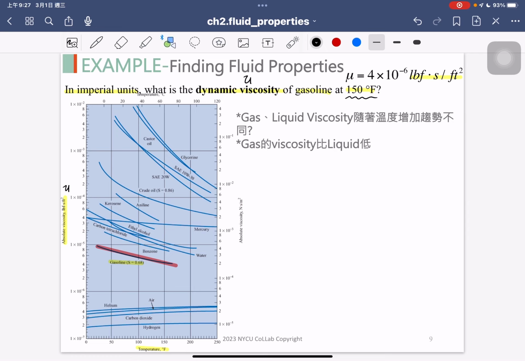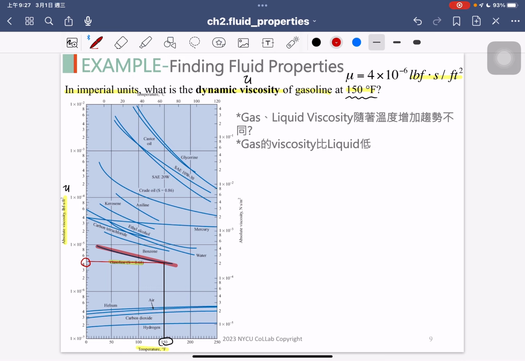So you can find out the number in here, and I can draw the line for the 150 degree here, and I know that how the viscosity, so I can draw a line, and I can find the answer showing here. Okay, so this is a very simple idea.